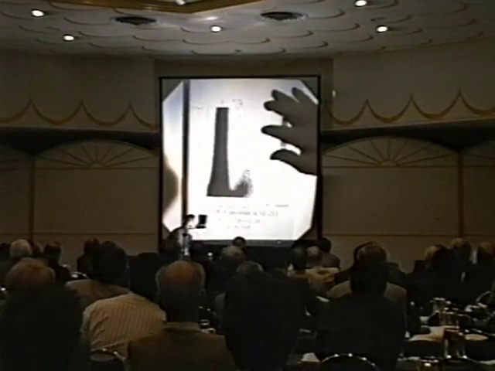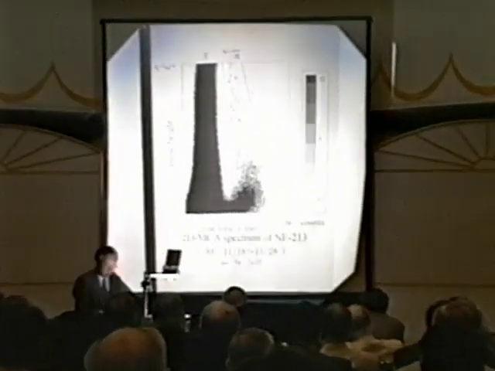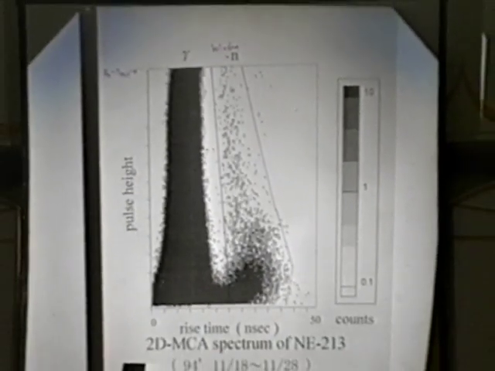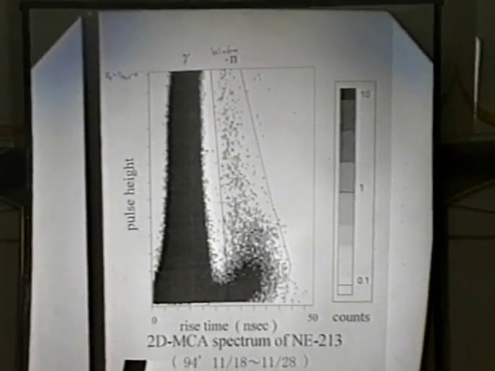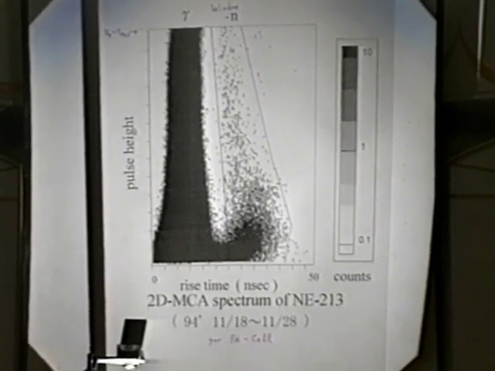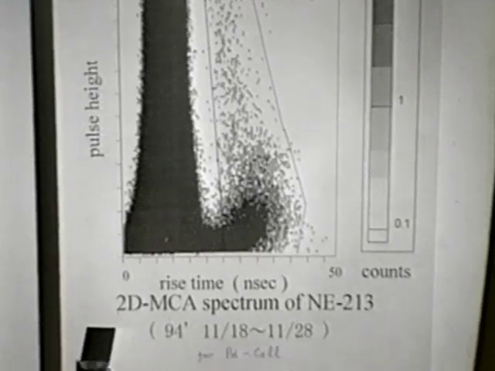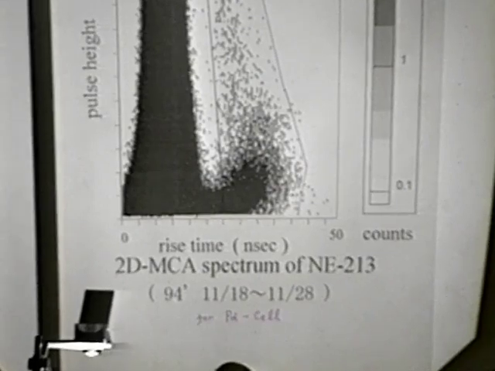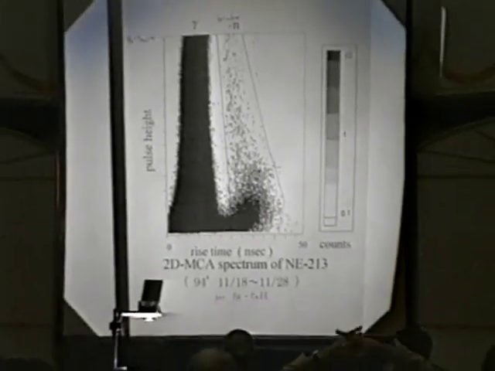And this is the performance of two-dimensional neutron spectroscopy for pulse height and rise time. So this is a gamma separation. This is a gamma ray contour. This is a neutron contour for the real project cell around.